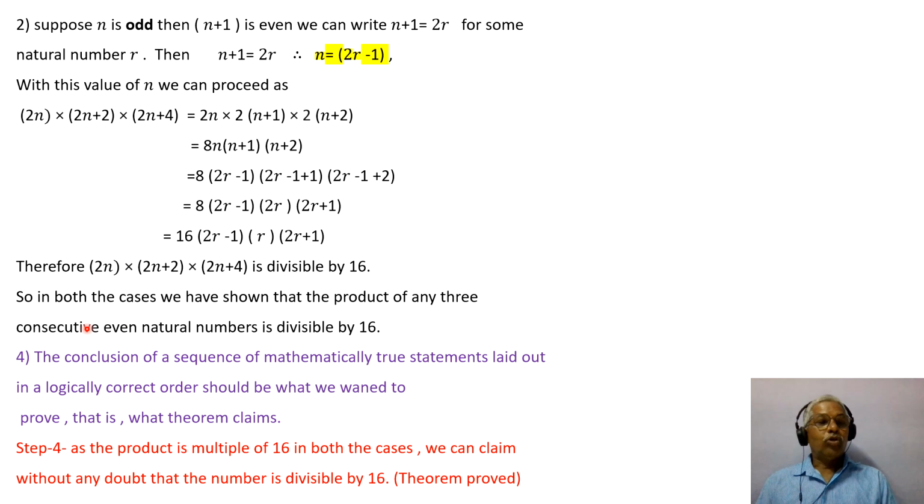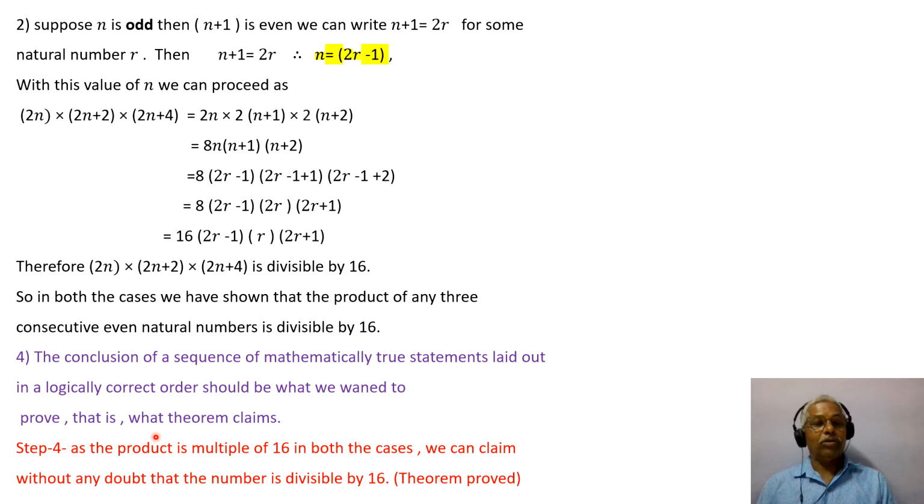So in both the cases, where n is odd and where n is even, we have shown that the product of any three consecutive even natural numbers is divisible by 16. So, last step: the conclusion of a sequence of mathematically true statements laid out in a logically correct order should be what we wanted to prove.